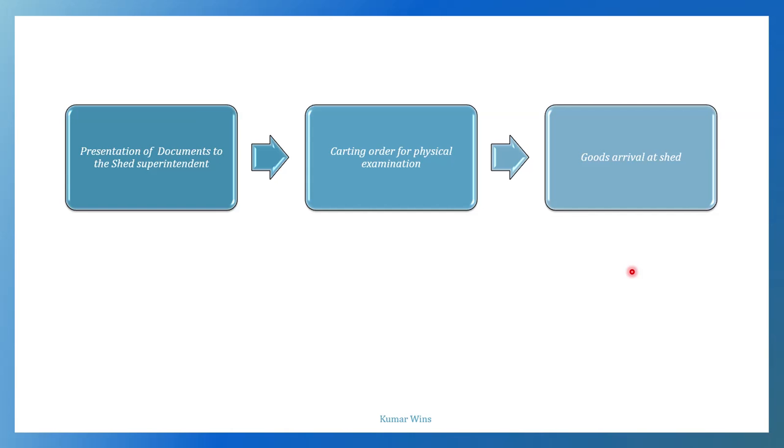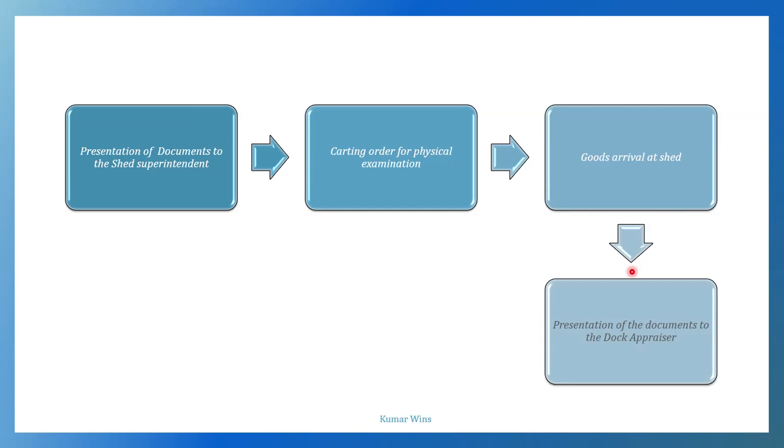These documents are export promotion copies of the shipping bill. It could be in duplicate or triplicate. Then commercial invoice, packing list, AR4 or AR5 form in duplicate and original, and then invoice copy, then inspection certificate, the original inspection certificate, then the GR copy, GR form, duplicate copy of the GR form, and the dock appraiser, after conducting physical examination, records examination report and makes late export endorsement on the duplicate copy of the shipping bill.